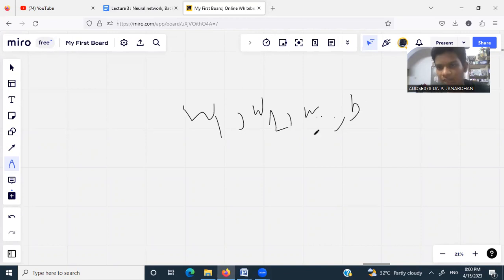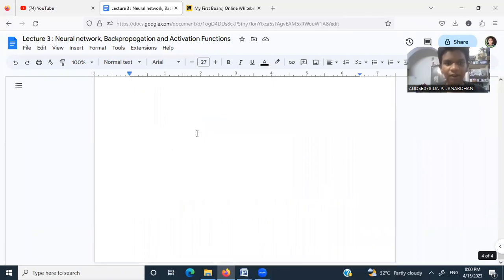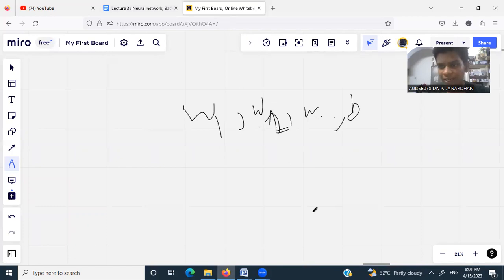As I covered in the last video, o hat is equal to w1 x1 plus w2 x2 plus so on plus b. So what are the values that we can update? We can update w1, w2, and b, and we want to make o hat as close as possible to o. That is the training process.